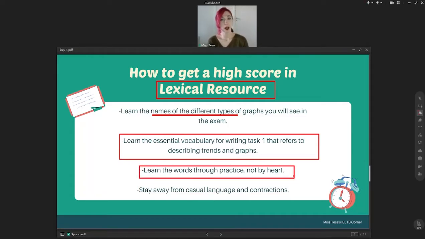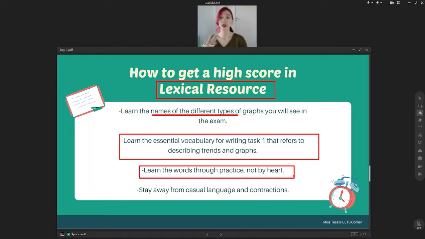The next one is learn the words by practice, not by heart, for task 1. So anytime you are writing a task 1 essay, you're practicing for your exam, I do suggest looking up what word you can use, like refer to the website that I gave you and the PDF that I gave you for vocabulary, and just see, okay, which of this vocabulary can I use here in my specific essay?